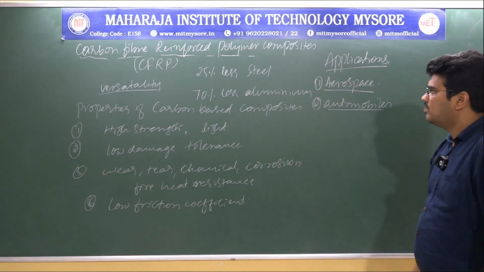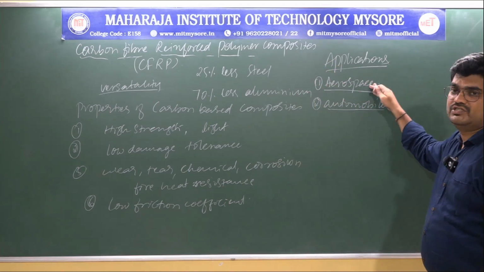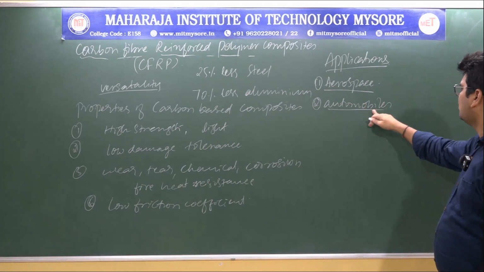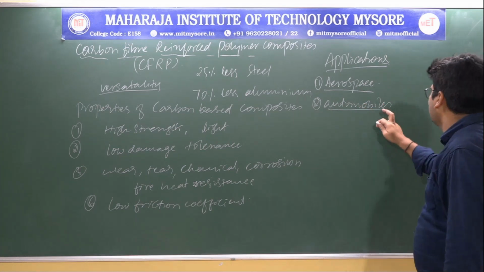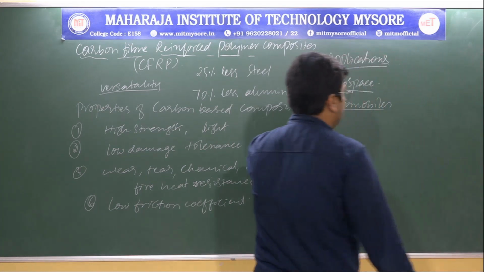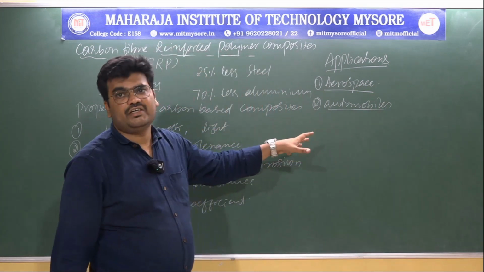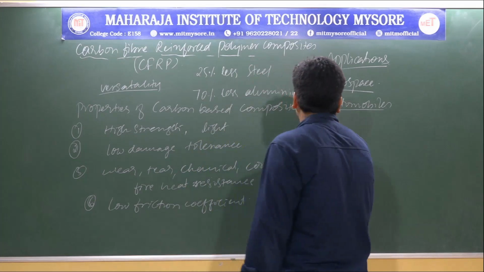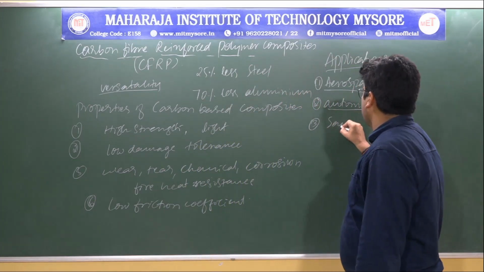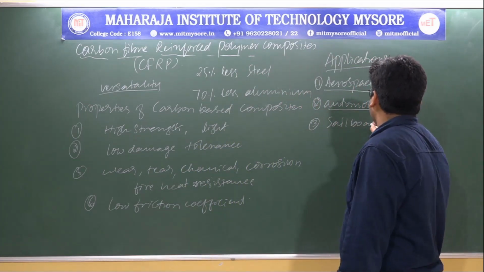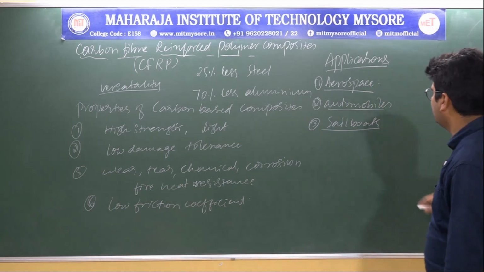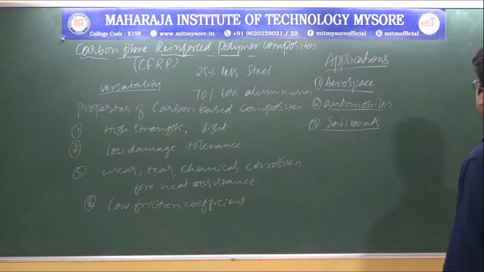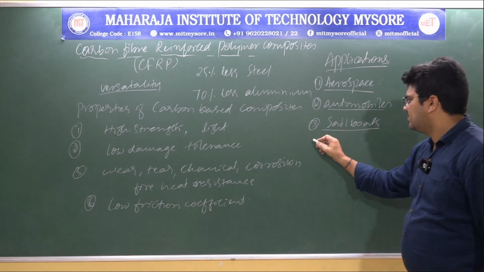Coming to the automobile industry, these two are the most important fields of application. In automobiles, they are used in the manufacturing of body panels, shafts, bumpers, gears, engine parts, etc. In the field of sailboats, they are used in the manufacturing of hulls and decks.